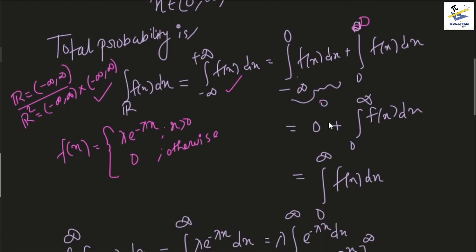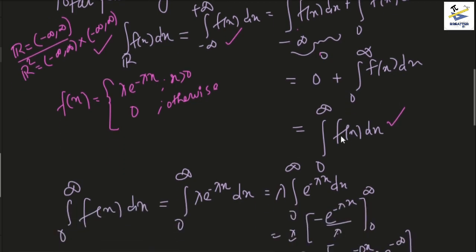So this evaluates simply to the integral over the real line of f of x dx being basically the integral from 0 to infinity of f of x dx, and this would be equal to the integral from 0 to infinity of lambda times e to the power minus lambda x dx, and this was where we put the function in.